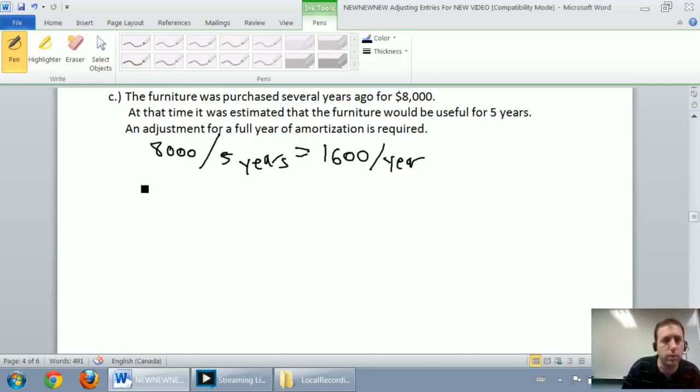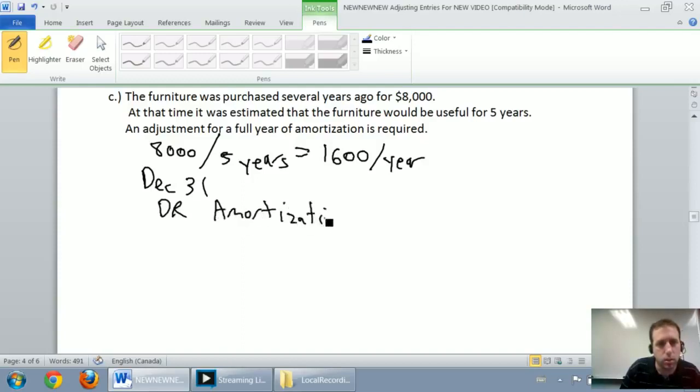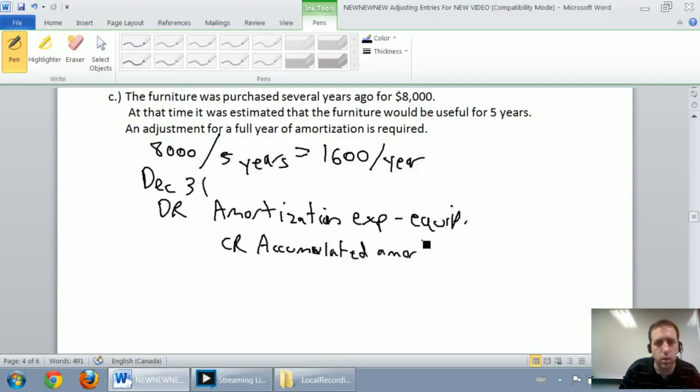So our journal entry here is very easy. It's always the same for amortization. I'm going to debit amortization expense on my equipment, and I'm going to credit accumulated amortization again on my equipment, and the amount is $1,600.